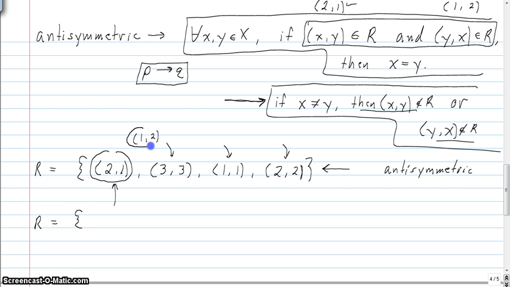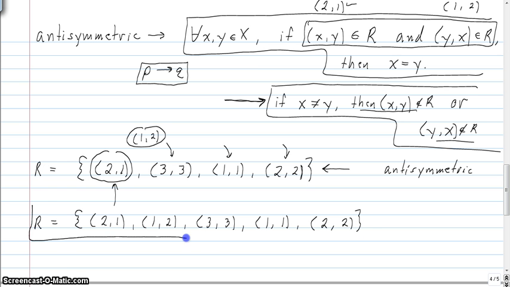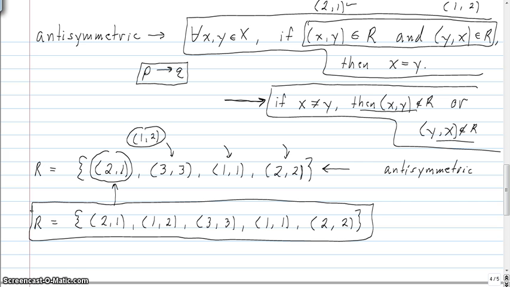If I throw this element into the relation, right, so if I look at the relation now, which is how it was in the last example, remember in the last example we were showing that the relation was symmetric, so it might make sense that if the relation is symmetric, then it's not antisymmetric.